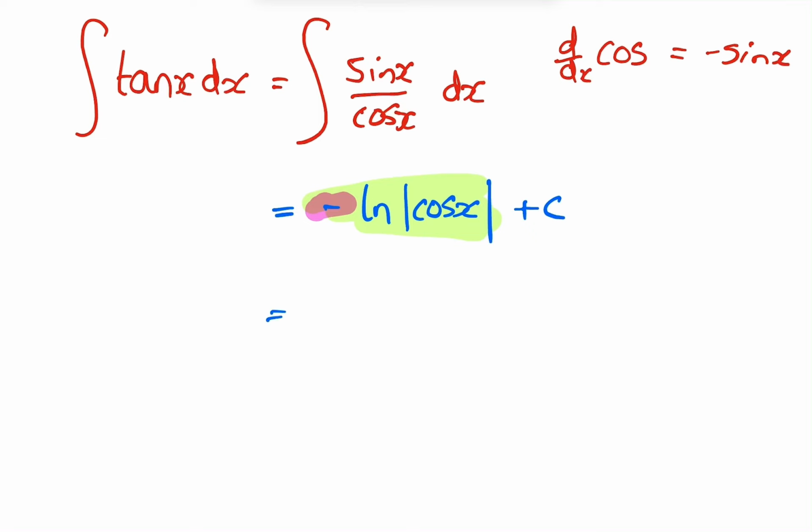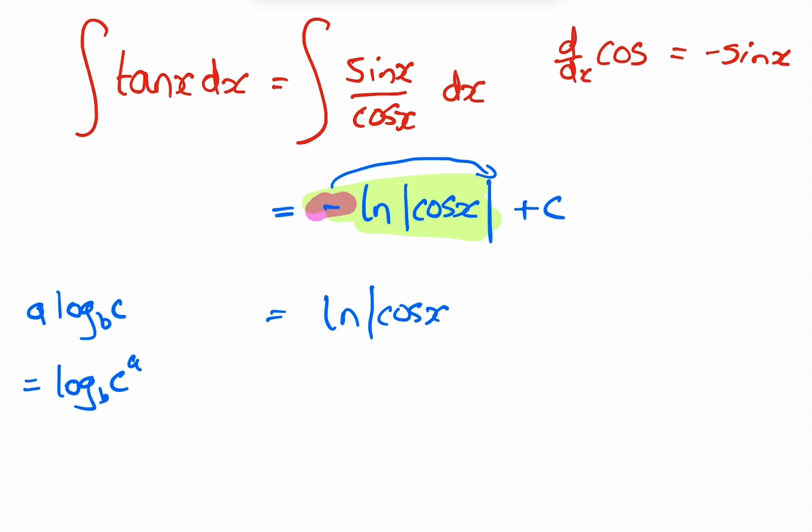If I've got a log base b of c, this is the same as log base b of c to the a. So I'm going to rewrite this, bring this negative up here, so it's the natural log of cos of x to the negative 1 plus c.